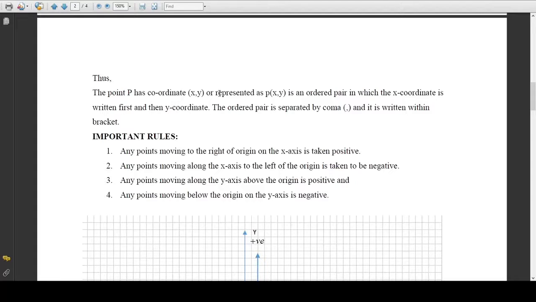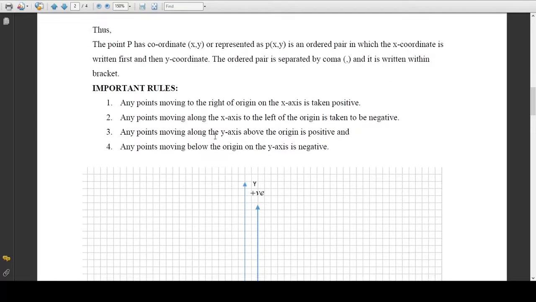First it should be x, and the second should be y. The ordered pair is separated by a comma and is written within brackets. When you write any point, suppose point Q, (x, y) will be in brackets, and between them it is separated by a comma.